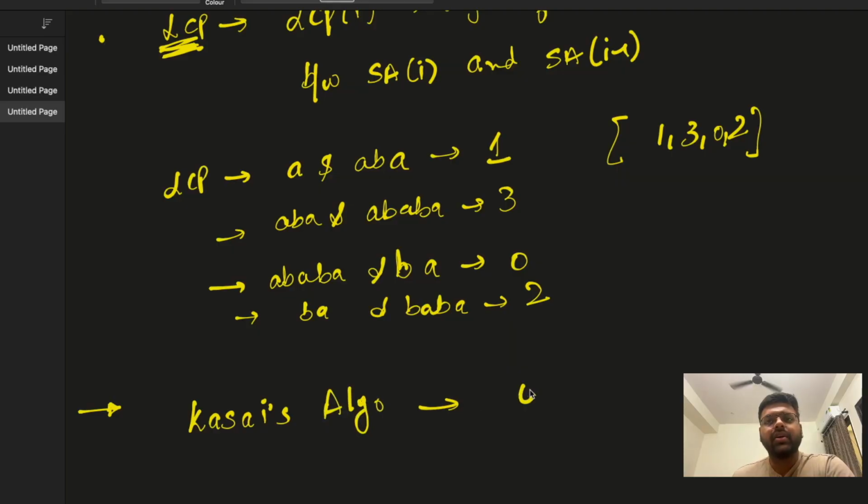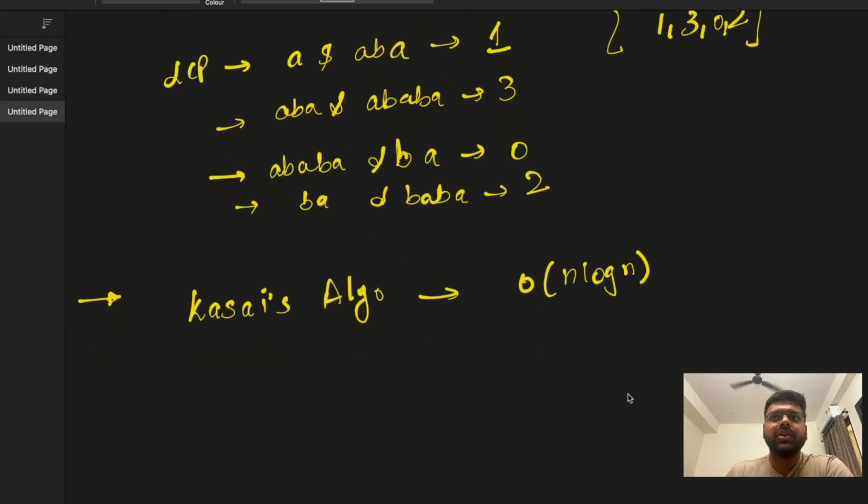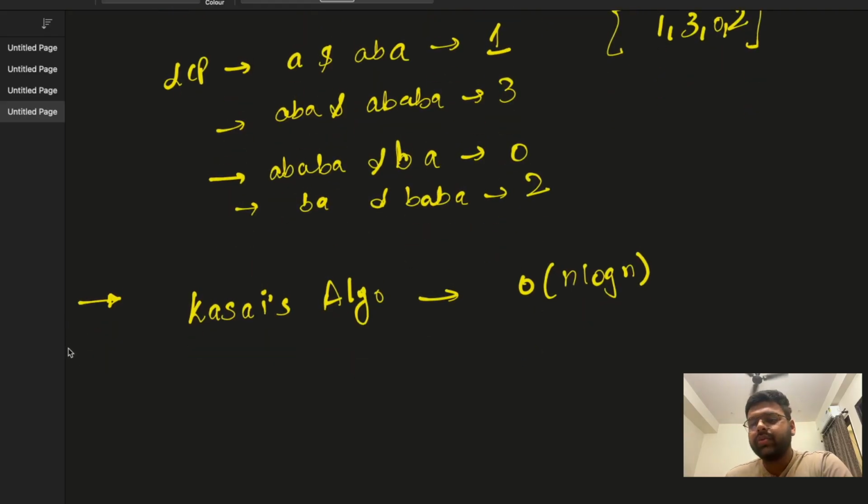With this you can calculate this whole thing in big O of n log n. I will be showing you in the code as well how I've written the suffix array and the LCP as well. I will be sharing the code, so you will be able to see it there also, but for now you can read the CSES algorithm to calculate LCPs optimally, right?